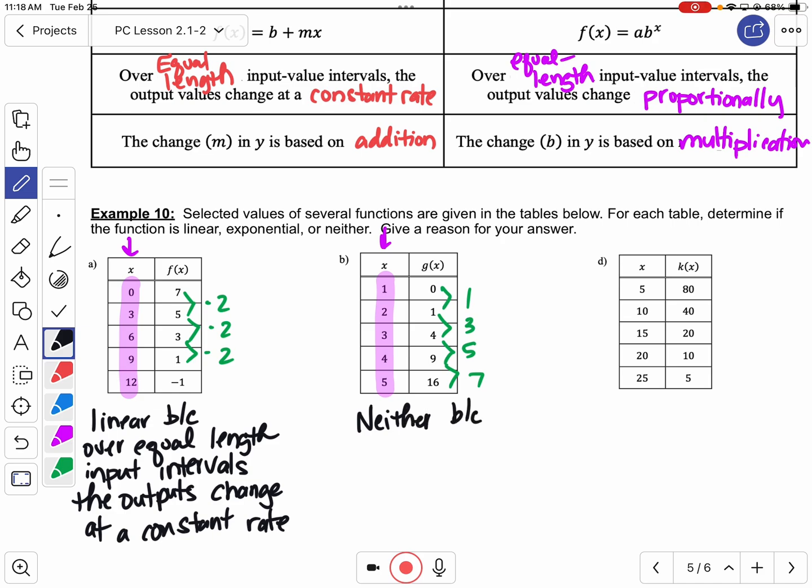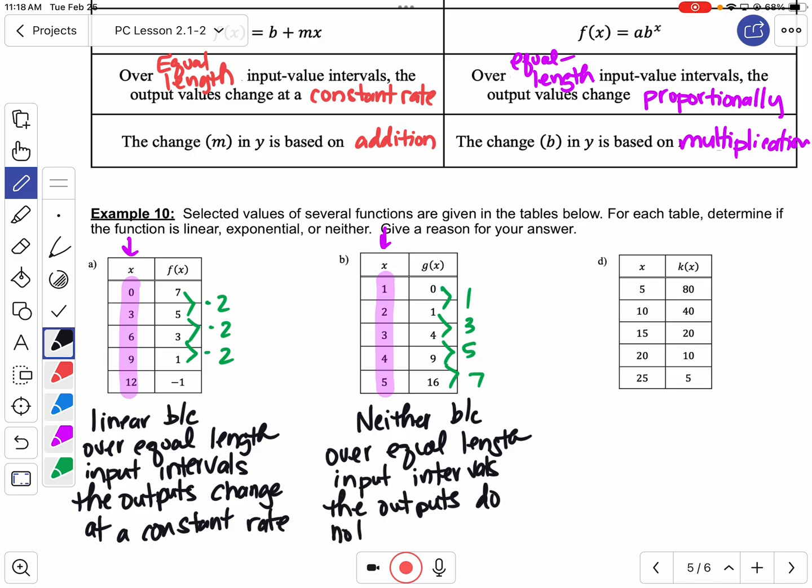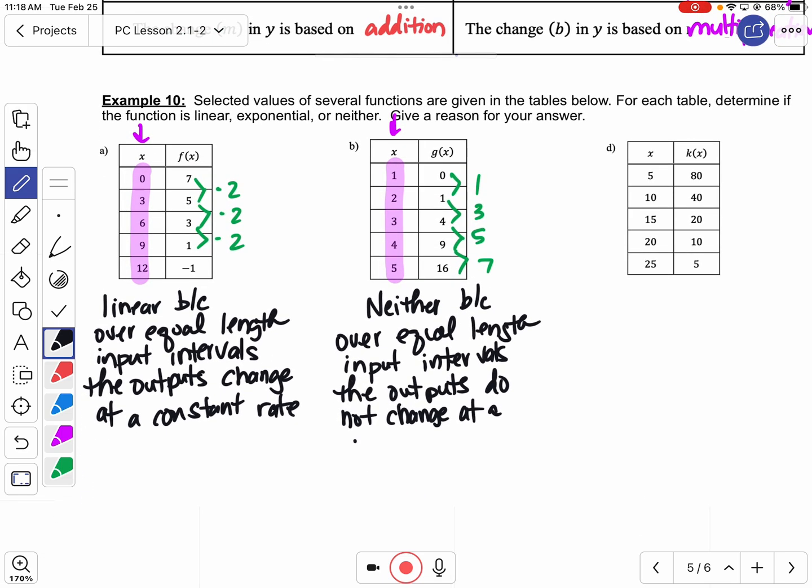Because, and you start that sentence again, over equal length input intervals, the outputs do not change at a constant rate or proportionally.